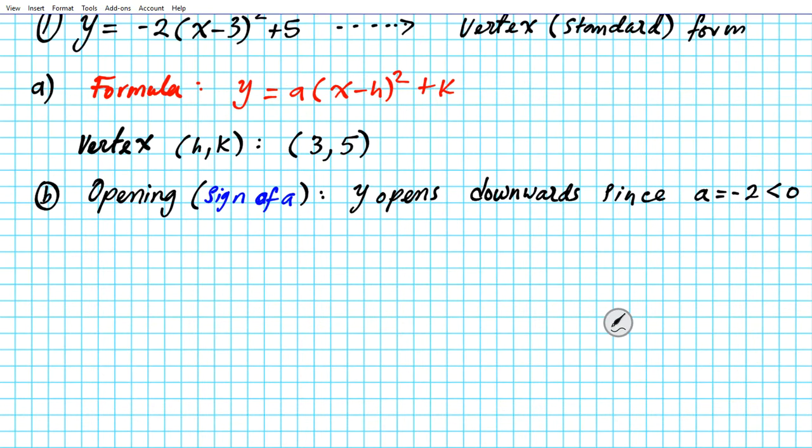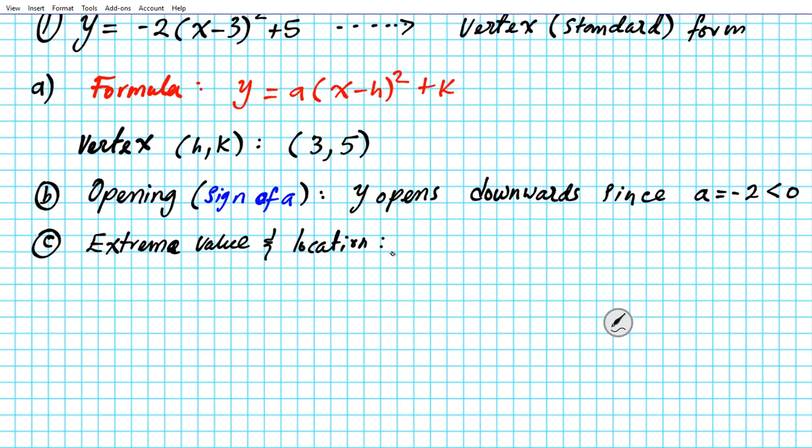Now let's take a look at the extrema value and where it's at. So for the extrema and its location, all we're looking at is the vertex. The vertex tells us that information.